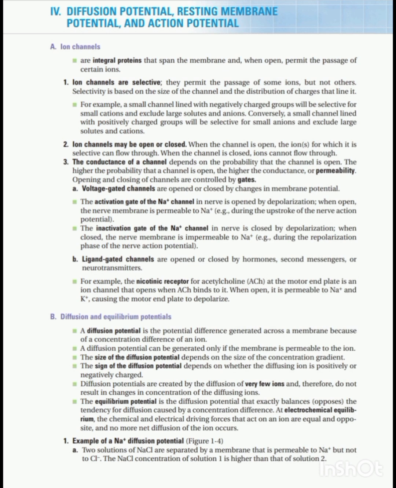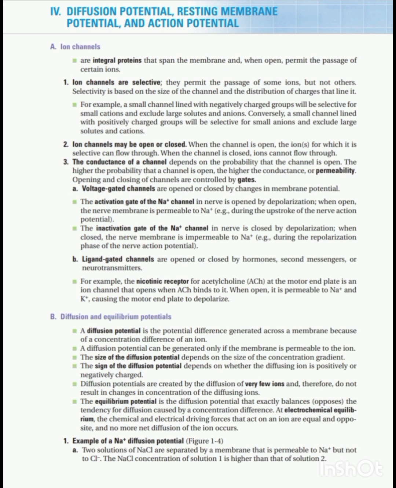Also it is small in size, so it will allow only the small solutes to pass through it. On the other hand, if we have a small channel that is lined with positively charged groups, then it will be selective for the small anions and will exclude the large solutes and cations.